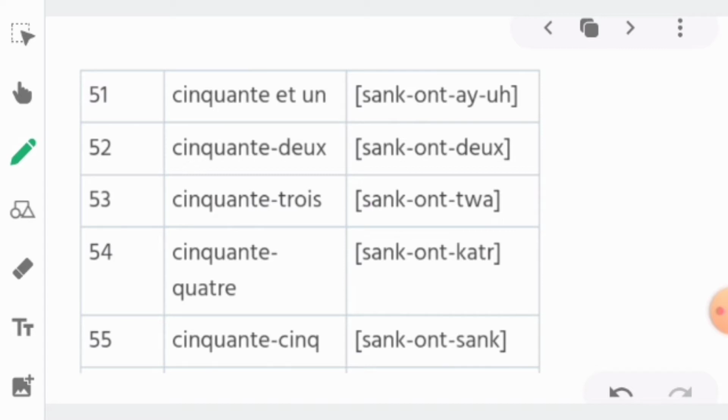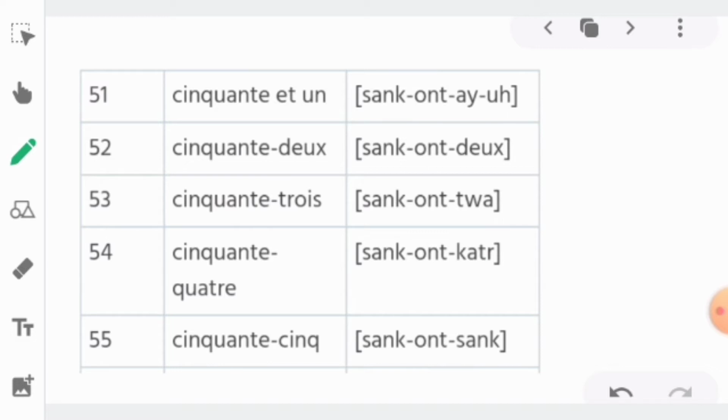Cinquante et un. Now one thing you should remember is there is a word et. This word et will be with the numbers 21, 31, 41, 51, 61 and 71. यानी फ्रेंच में एक वर्ड है et और ये et वर्ड जो है वो इन नंबर्स के साथ आएगा 21, 31, 41, 51, 61 and 71.